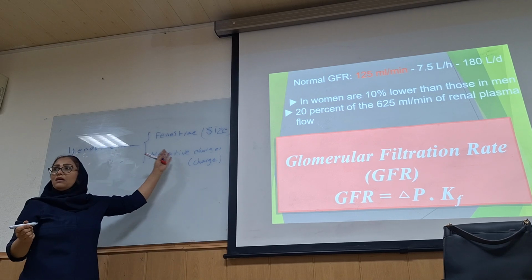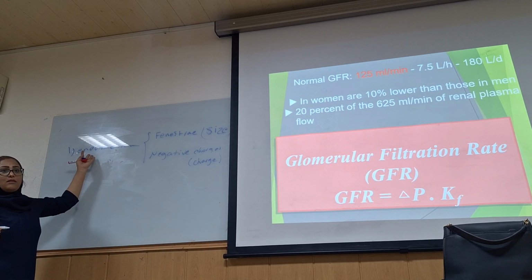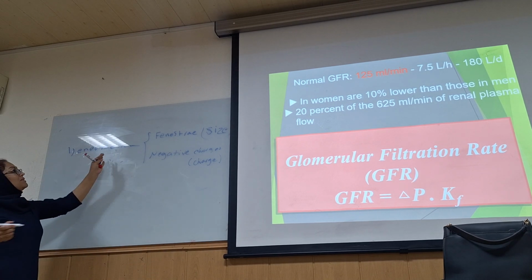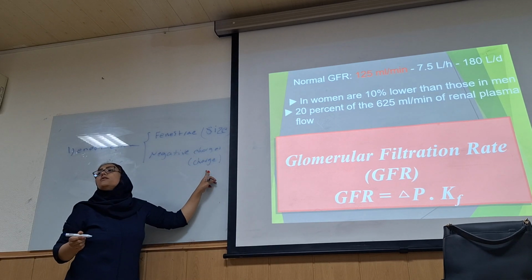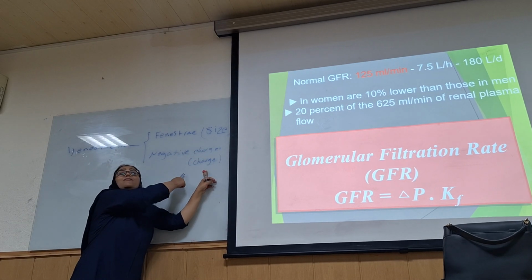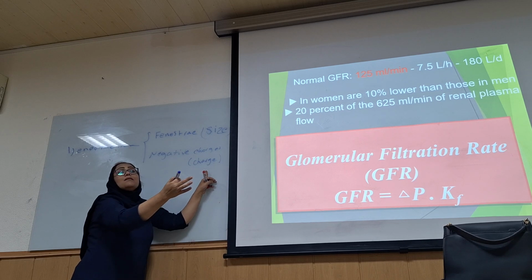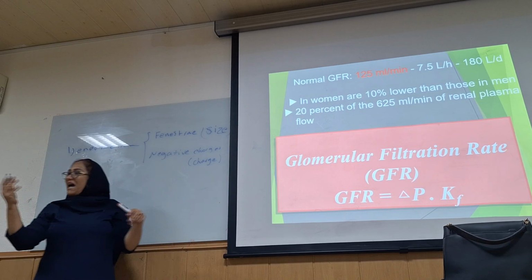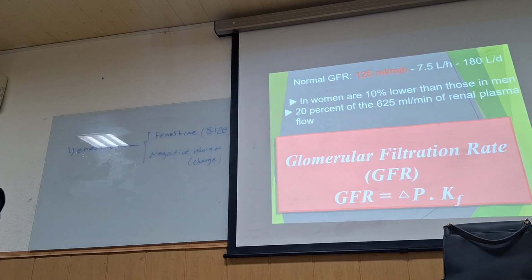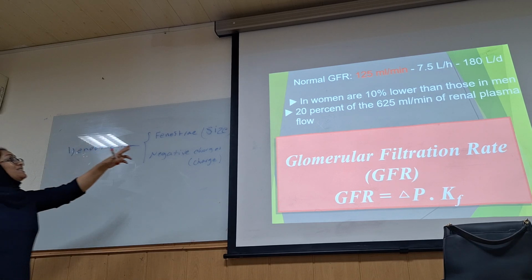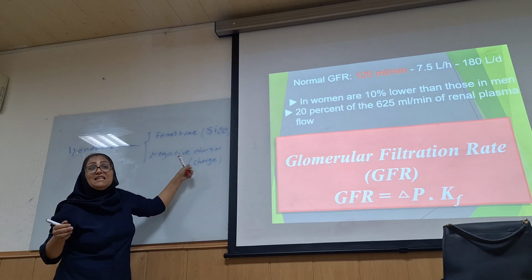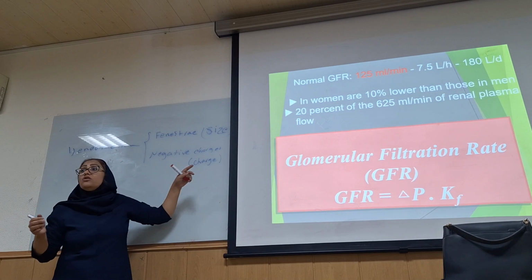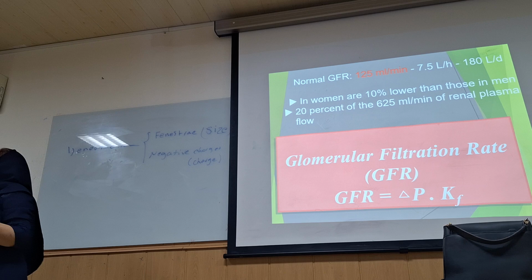This first layer separates substances based on size and charge. It doesn't allow negative ions to pass. For example, albumin, the most abundant protein in our body. The size of albumin is less than the size of pores, but these negative charges don't allow albumin to pass.